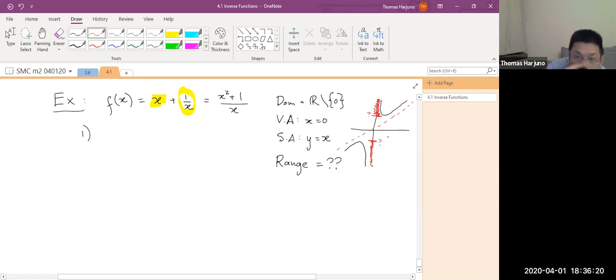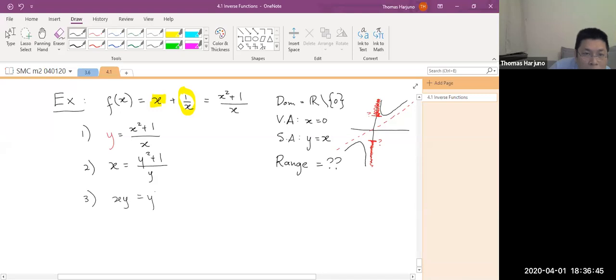Okay. Now let's try to do that formally. What I will do is I will try to find the inverse of that function. I know this function is not one-to-one, so the inverse is not a function. So xy equals y squared plus 1. How do I solve for y here? It's a quadratic.